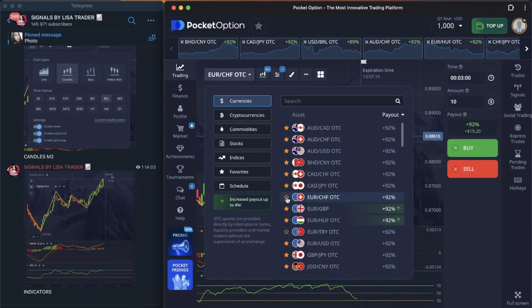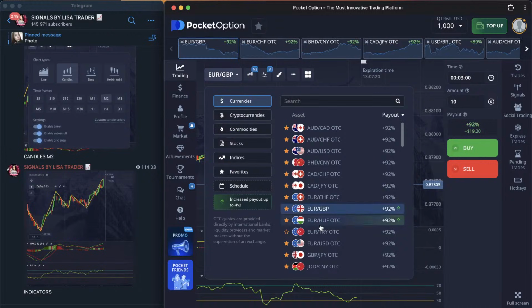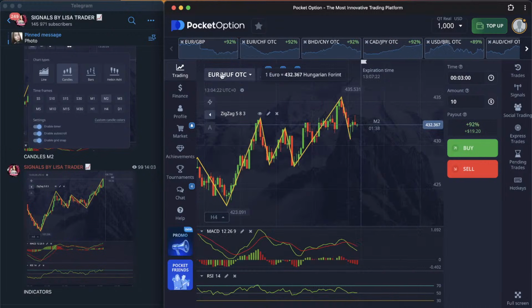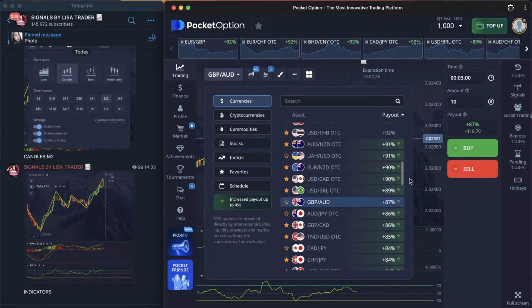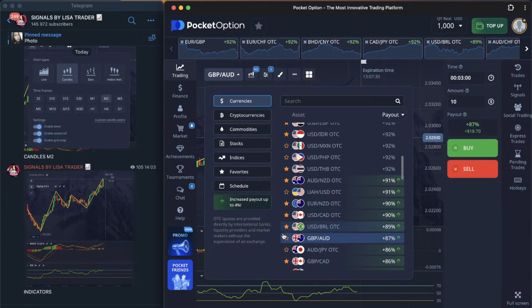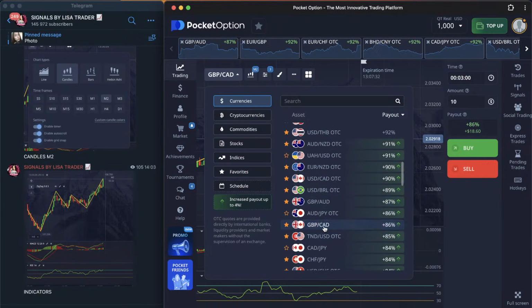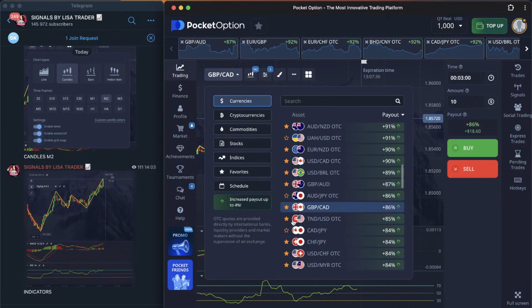Okay, so now I'm looking for the best currency pair. Euro/GBP is not that bad actually. Trying to find on the real market. Here could be a good downward trend, but we're going to check it after. Here also, we can see some corrective candles for now.